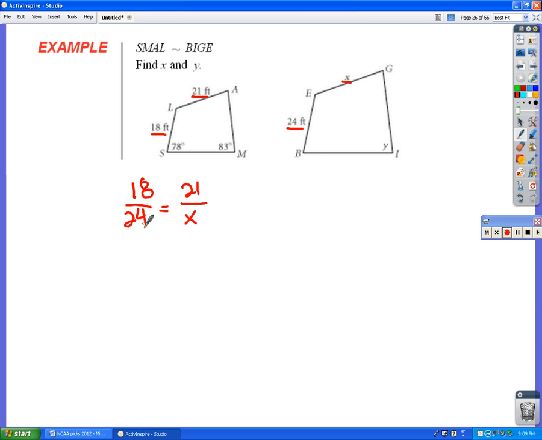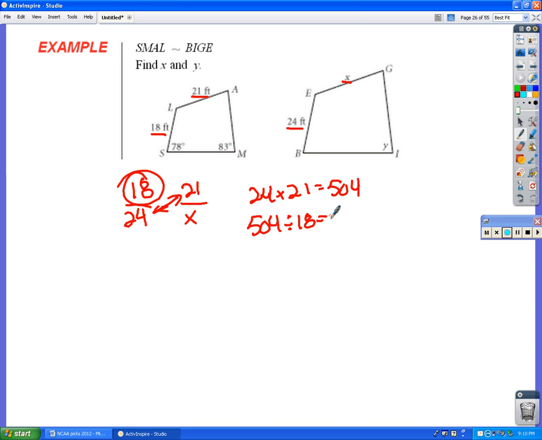So 18 divided by 24 is going to equal 21 divided by X. So in order to figure out what X is, to solve proportions, I cross multiply the two numbers that I know. So I'm going to go 24 times 21. And when I do that, I get 504. And then I need to take that answer and divide it by the number that's left over, the one I haven't used yet.